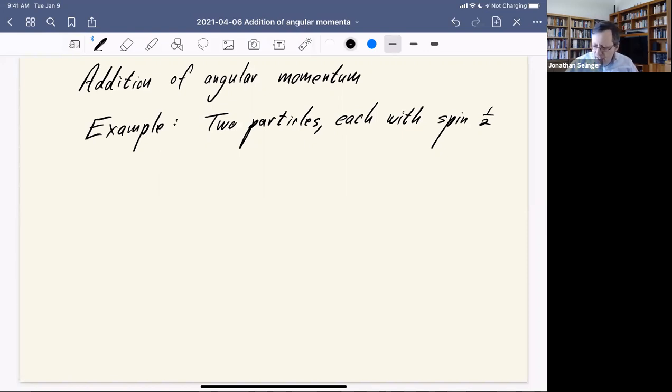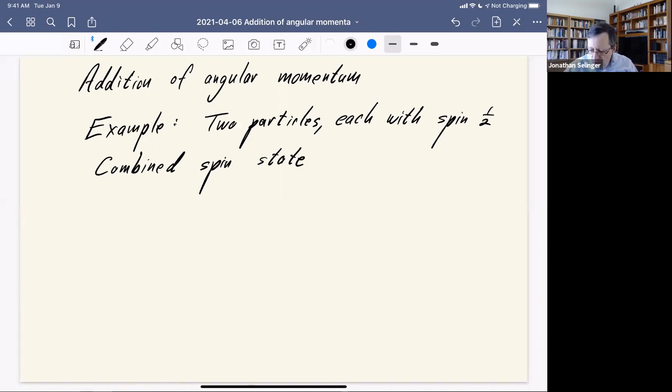Let's think about this example with two particles, and they each have spin a half. Now, suppose we want to characterize the combined spin state of both particles. One way we could do that would be just to list the quantum numbers of both particles inside of one big ket.